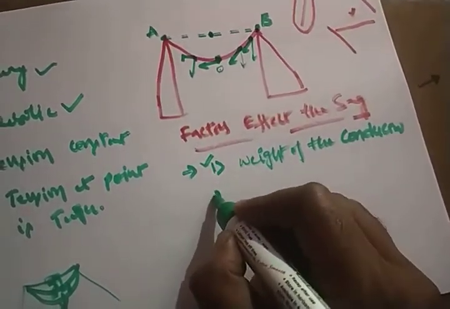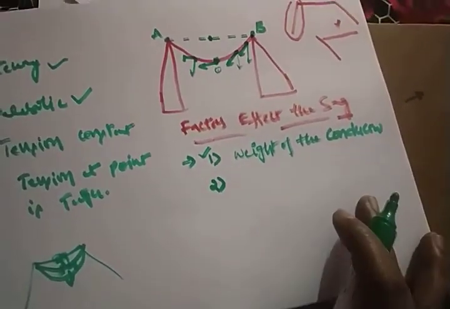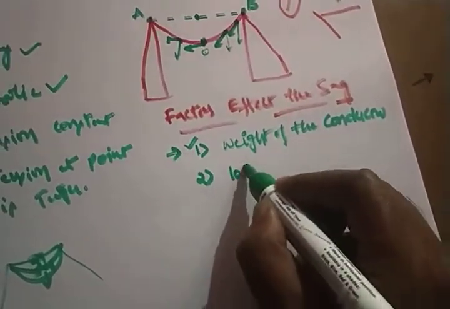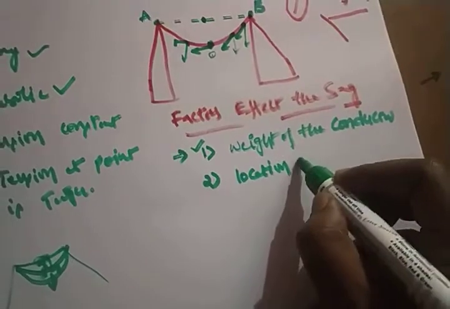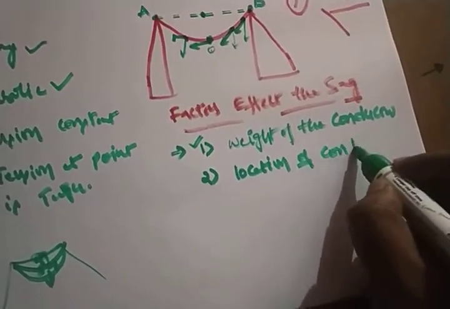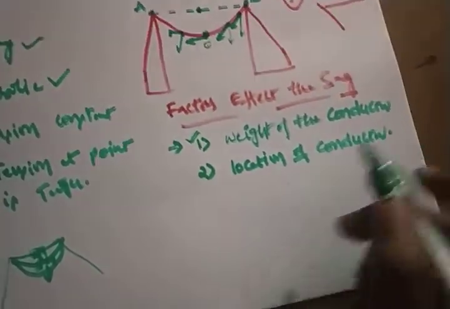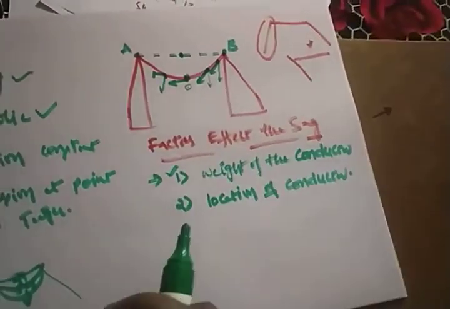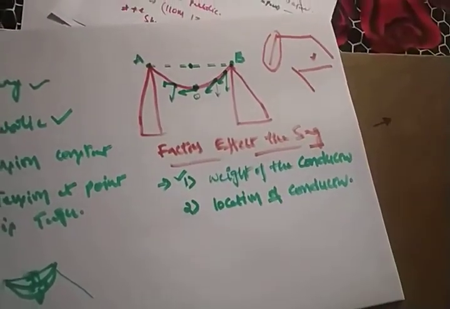And the second one is the location of a conductor. Sag also depends on the location of the conductor. In Canada and Russia, there are cold places, right?